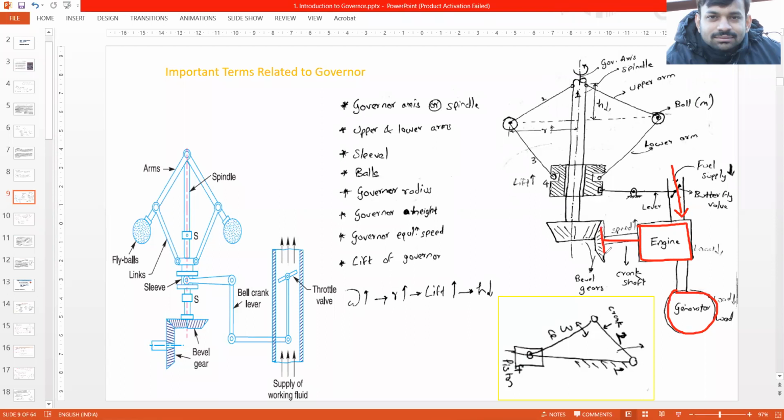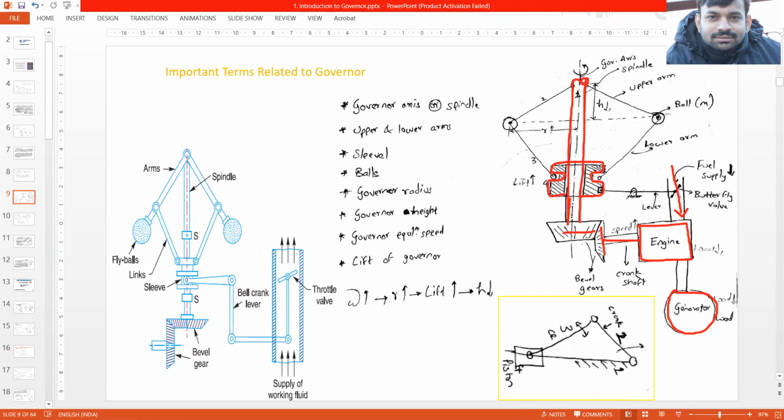This is the gear arrangement, bevel gears, and this is the spindle. Okay, this thick shaft which you see in between, this is the spindle. All right, over the spindle, the sleeve is mounted.